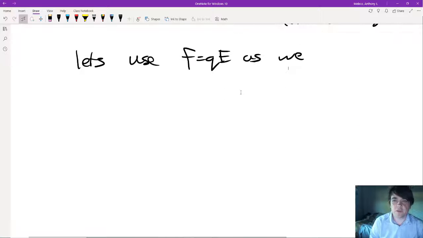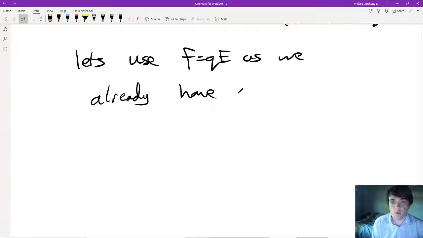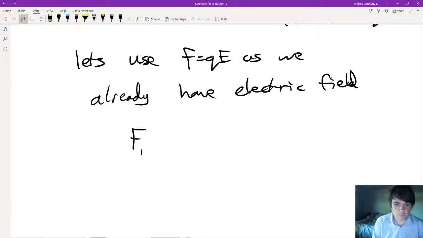So let's use F equals QE, as we already have the electric field. Okay, so F at point P equals minus 1.6 times, well, I'm going to do it without the signs, and then I'll show you what the signs mean.